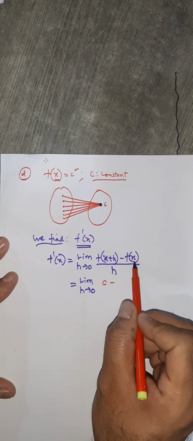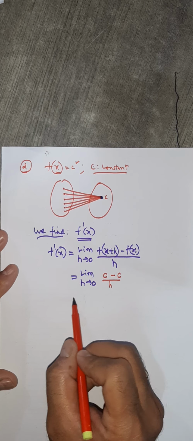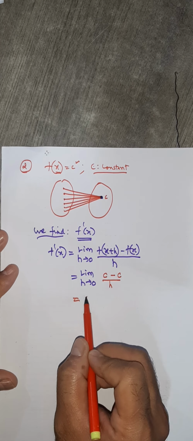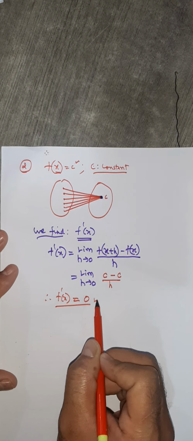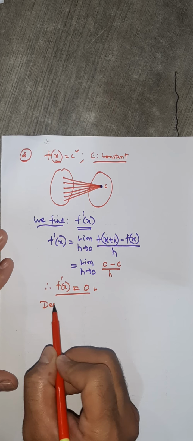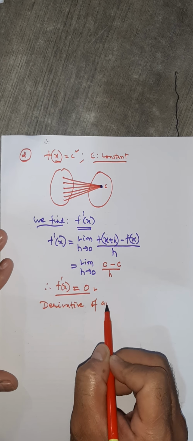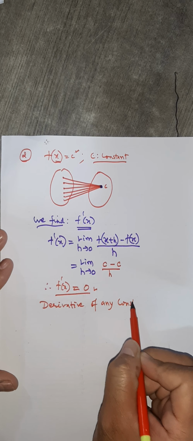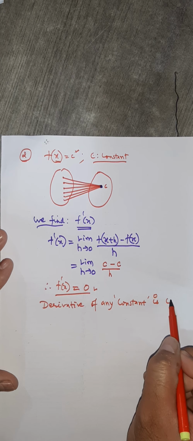This is c, minus, for any x, this is c, upon h. So the numerator is 0, so the limit will be 0. Right? That's what I was trying to tell you. Derivative of any constant, meaning constant function, is 0.